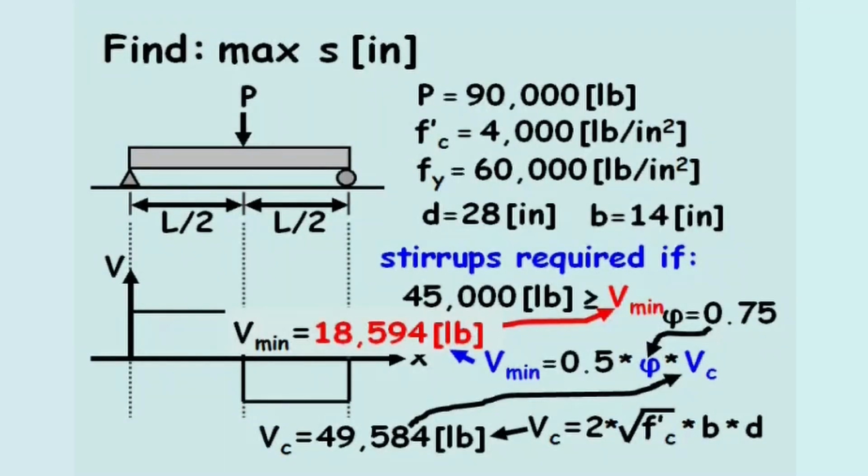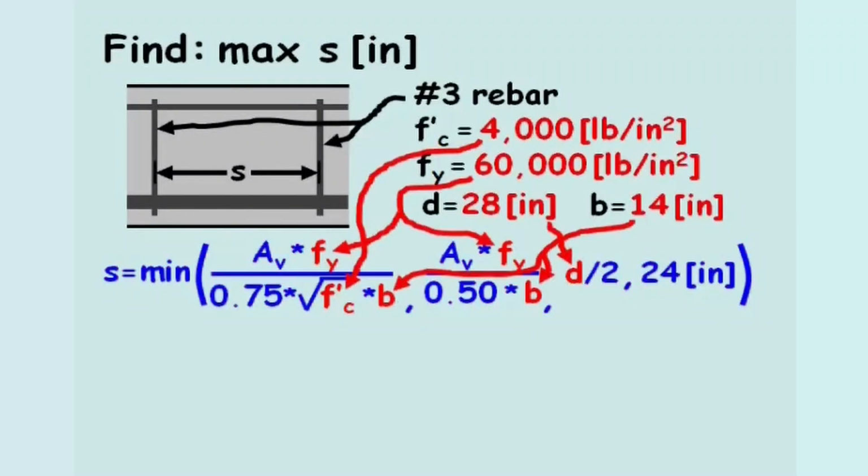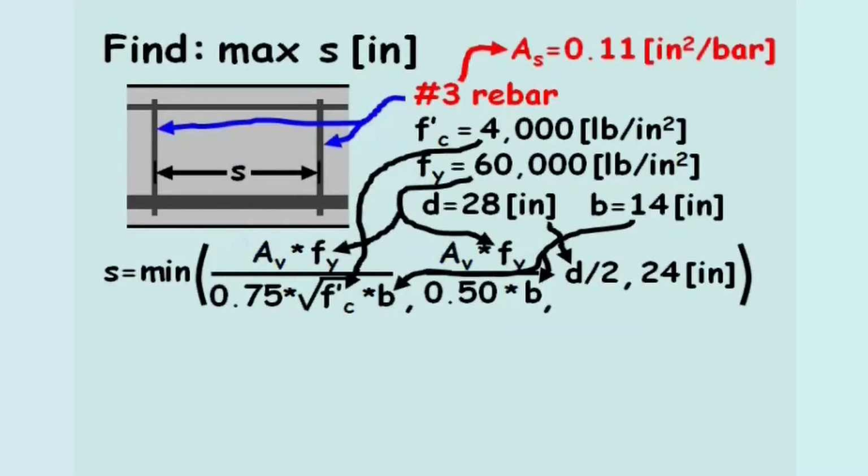The stirrup spacing, S, equals the minimum of 4 separate criteria according to ACI standards. From the problem statement, we already know the variables except for variable Av, which stands for the area of steel in a single stirrup. This steel serves to resist the shear force developed in the beam. Since the stirrups are number 3 sized rebar, they have a cross-sectional area of 0.11 inches squared per bar.